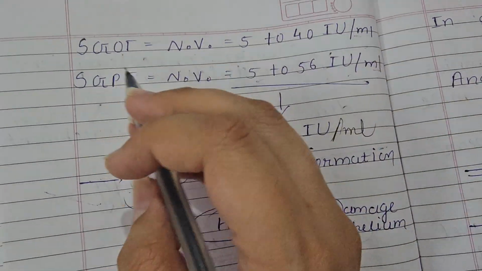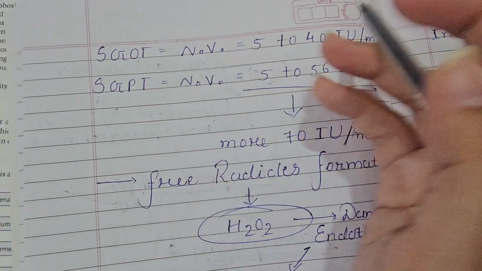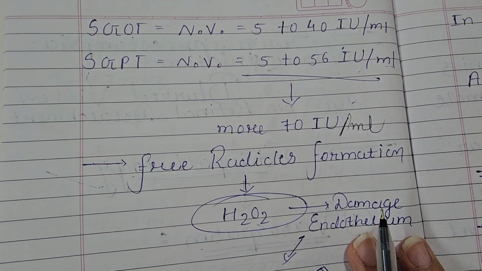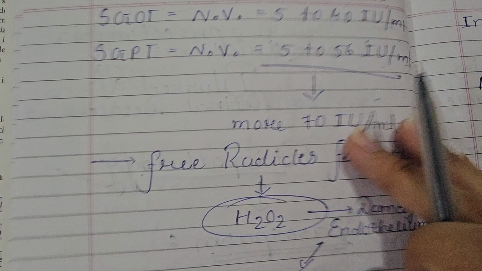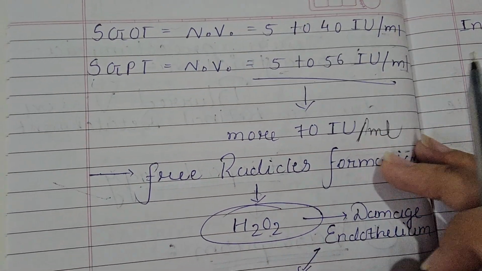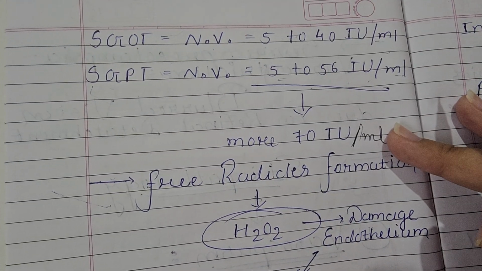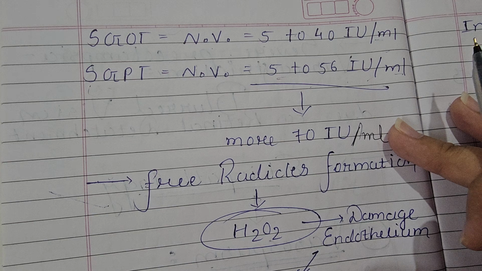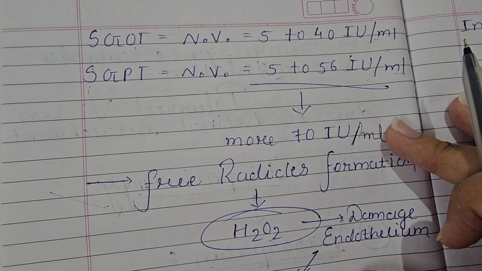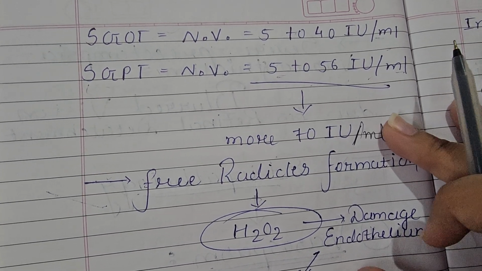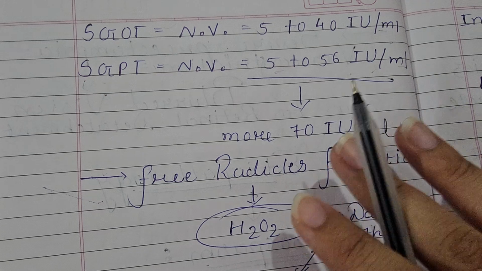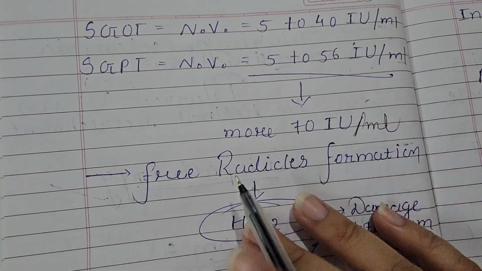Now, SGOT and SGPT, meaning AST and ALT enzymes, are enzymes helpful in our metabolism and bile production. If you learn about bile, bilirubin and biliverdin in circulation, then you will easily understand this.